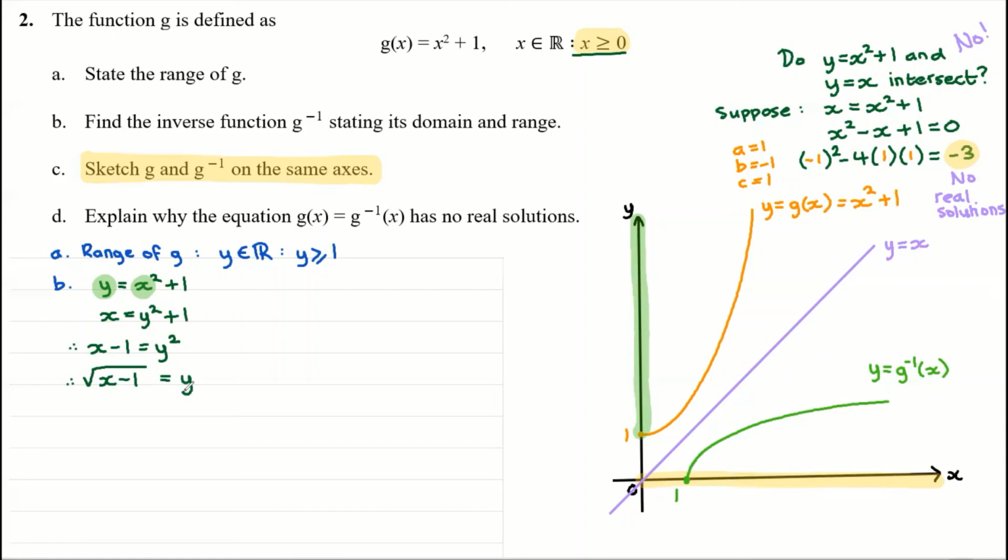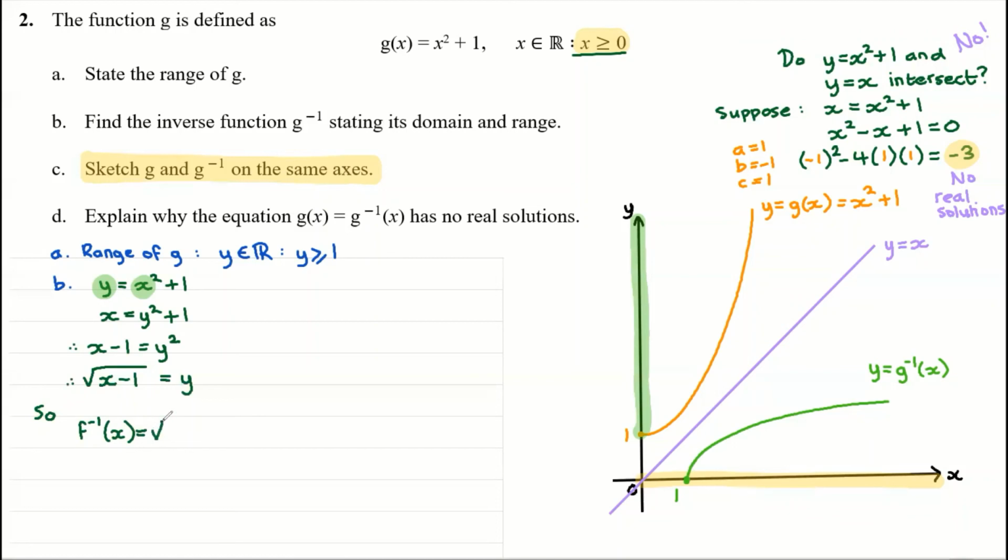And if you look at the inverse function I've sketched, it is a square root graph, the root x translated to the right by 1, exactly as we predicted. So let's write the inverse function. So f to the minus 1 of x is simply going to be, no, it's not f.